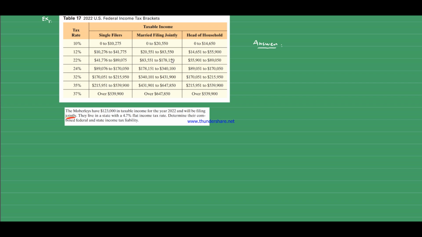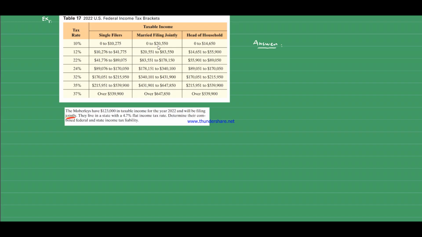That is in the third category, so the tax rates we have to apply for this income will be 10, 12, and 22. There are different portions to which we apply the tax rate.